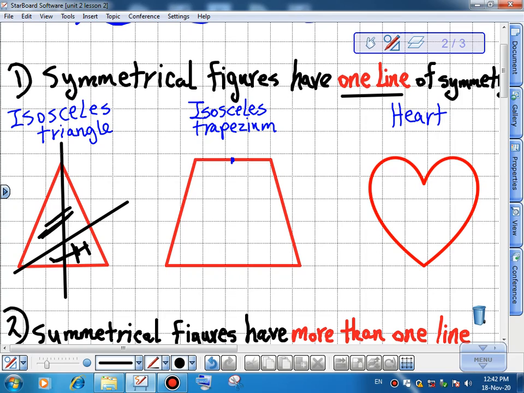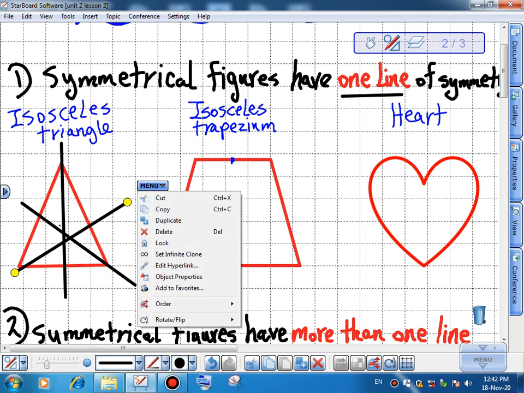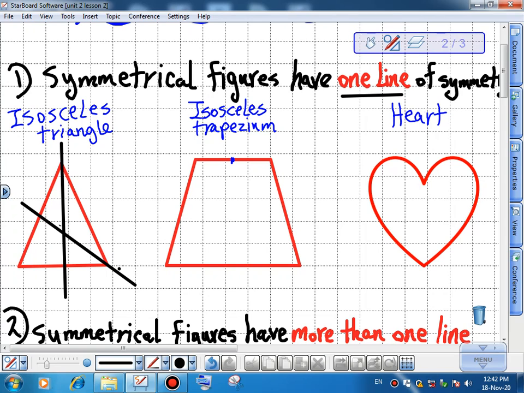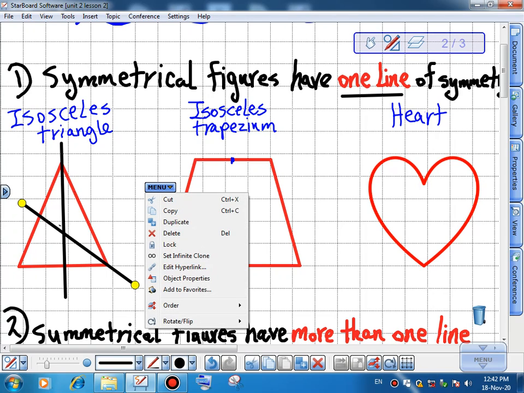If I do another one this way, it will not be a symmetrical shape because this part does not match exactly like the down part. So the isosceles triangle only has one line of symmetry. Okay?